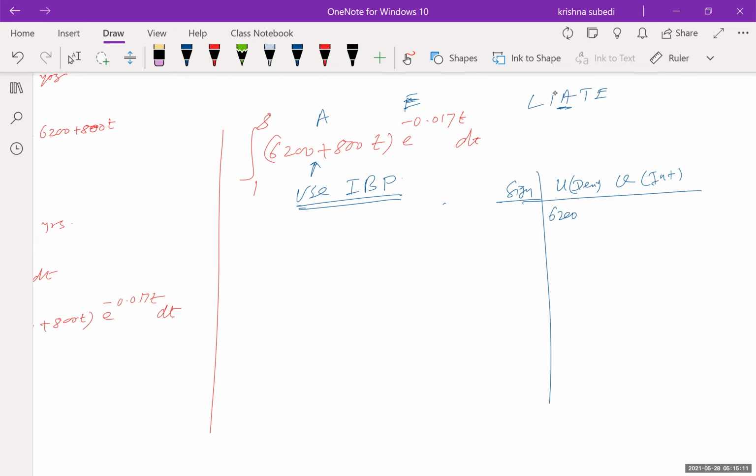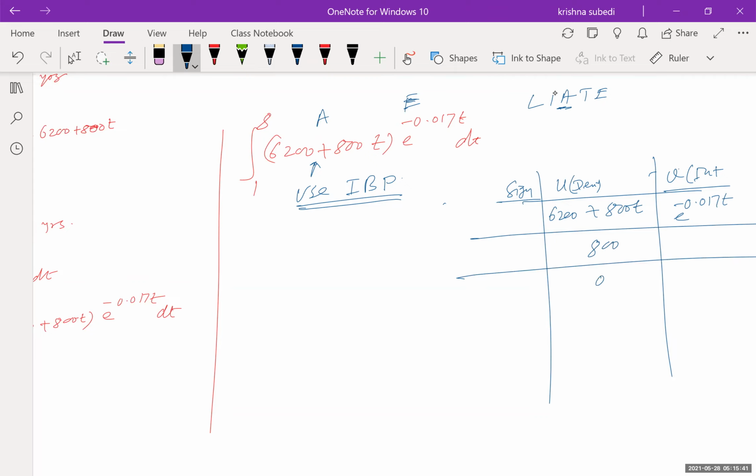So this is your 6200 plus 800t, and V is the integration, which is e raised to power negative 0.017t. If you find the derivative of this, you're going to get 800, and then the derivative will be 0.